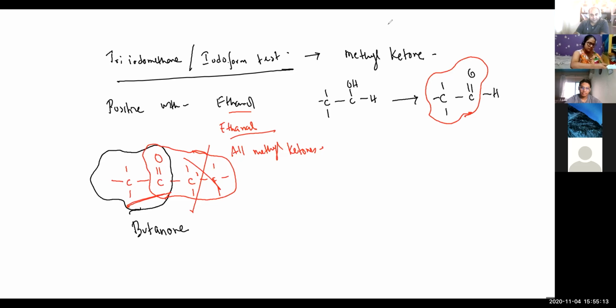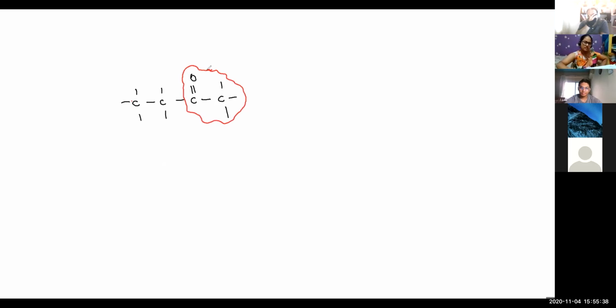So basically, let me explain what happens. Suppose you have CH3 CH2 C double bond O CH3. So which part will react? The right side.